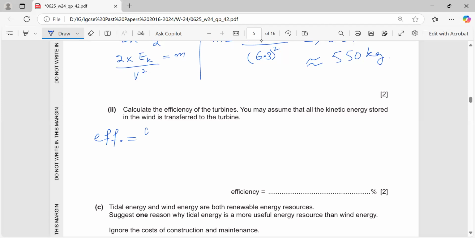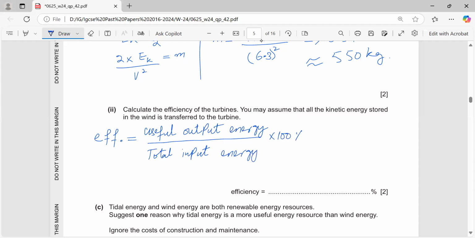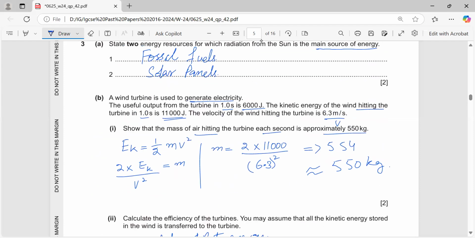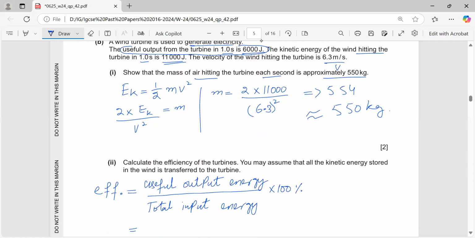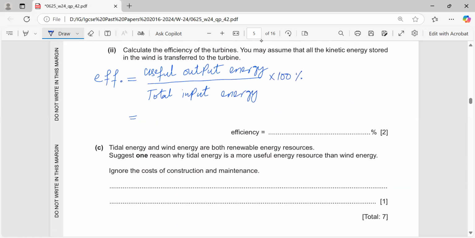I'm using the shortcut that is useful: useful output energy over total input energy times 100%. Now useful output is 6000, and all the kinetic energy they told is the input energy, as transferred.